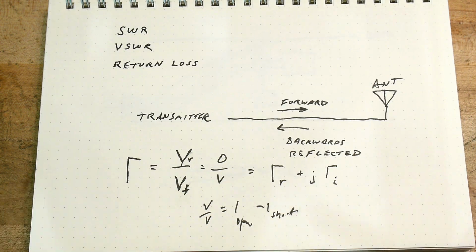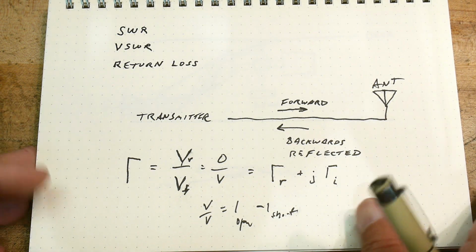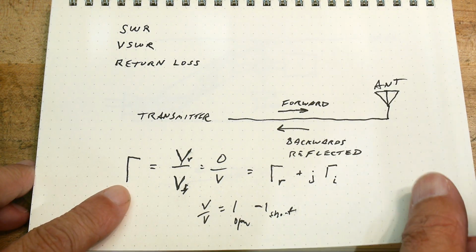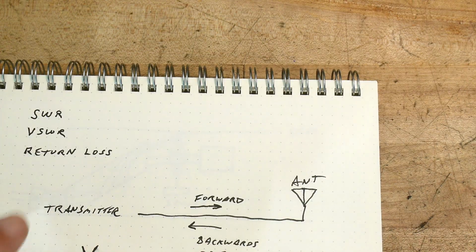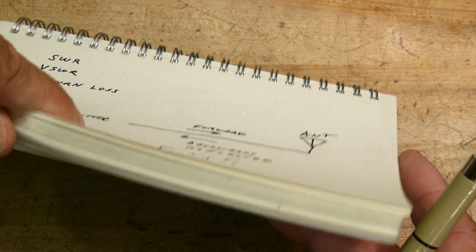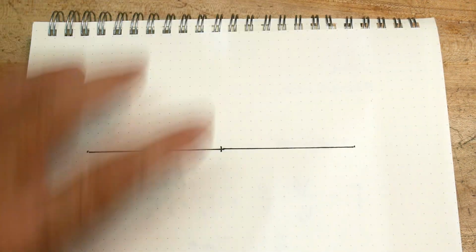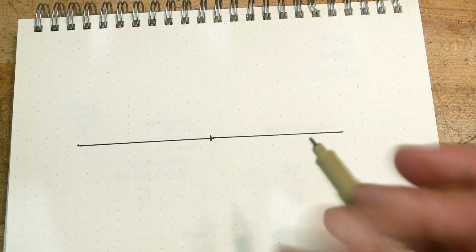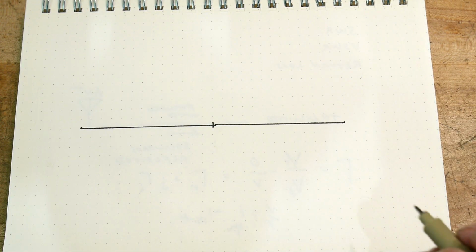So let's see if we can make a graph to use this new thing we've just learned about, this gamma, okay? All right, so here is a plot of gamma.